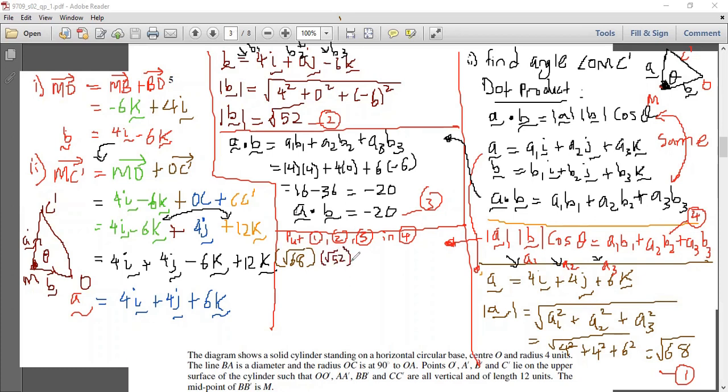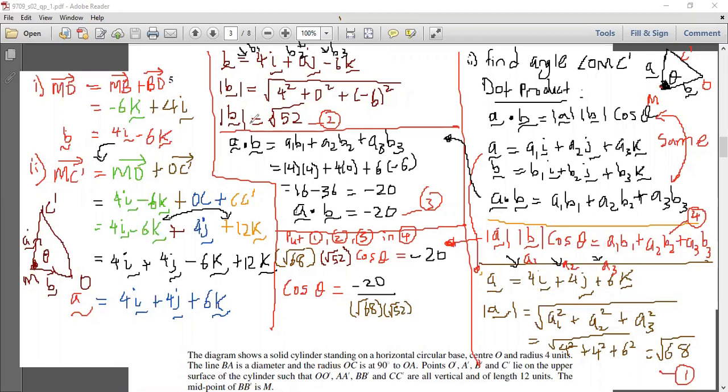And then cos theta equals this entire thing, A1 B1 and so on, which is result 3. In result 3, you can see that this is negative 20. So now I can rewrite this: cos theta equals negative 20 over root of 68 multiplied by root of 52.